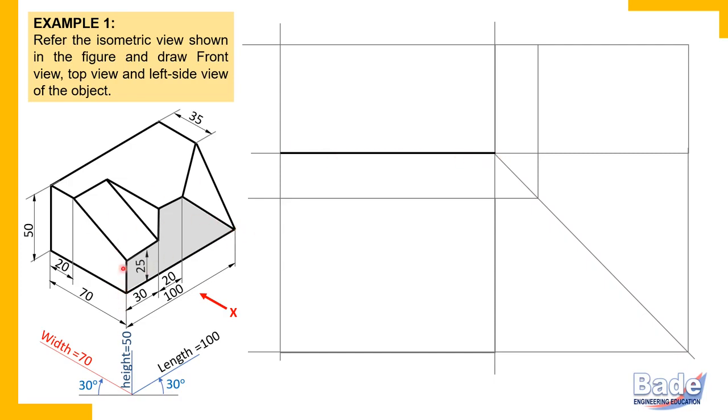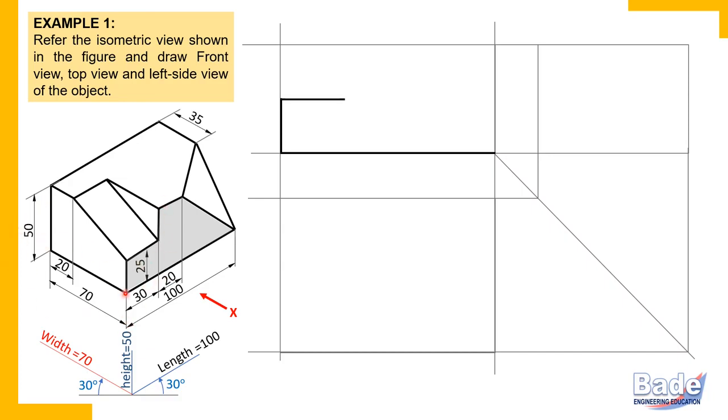Then this vertical principal edge on the left side: at the left end, a vertical edge of 25 mm. This is that 25 mm edge. Then this edge is parallel to length, that is, in the front view length is horizontal. And this edge is 30 mm long. So a 30 mm principal edge. Then a vertical edge, total height is 50.